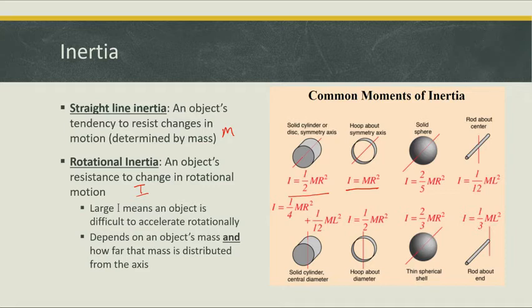But you should know that the rotational inertia for a point mass is equal to mr squared. That is one that you should know. But again, your moments of inertia are provided for you in your textbook, and you're not going to be expected to memorize all of them.